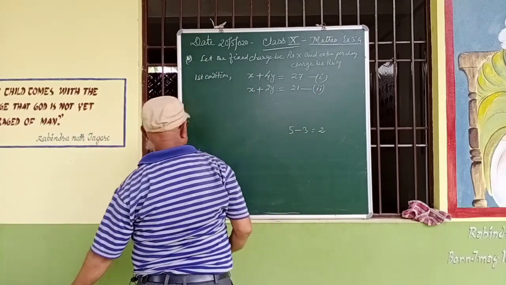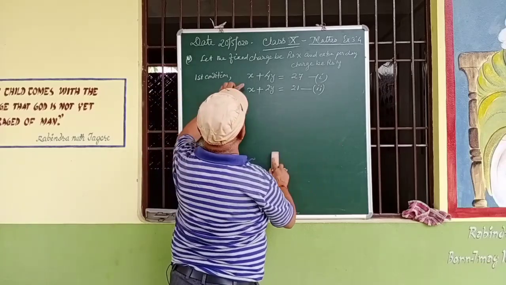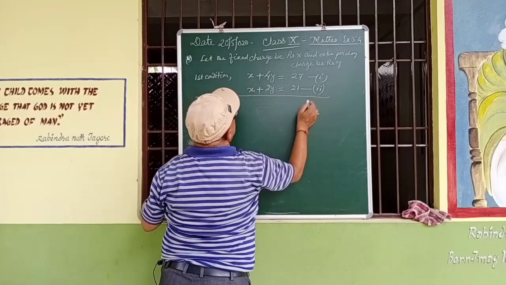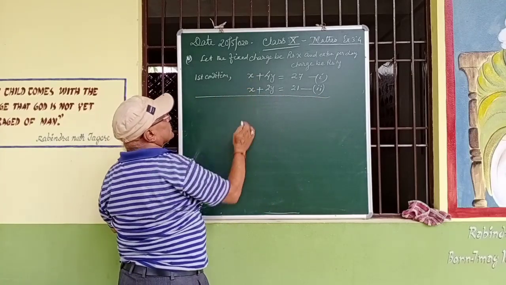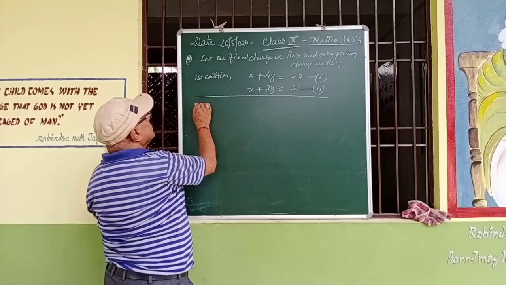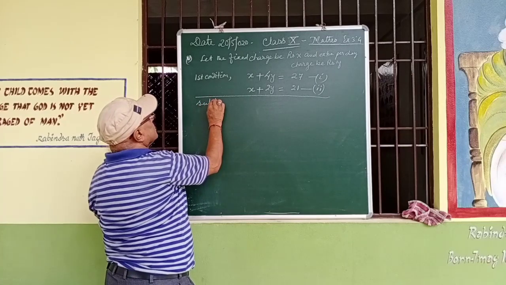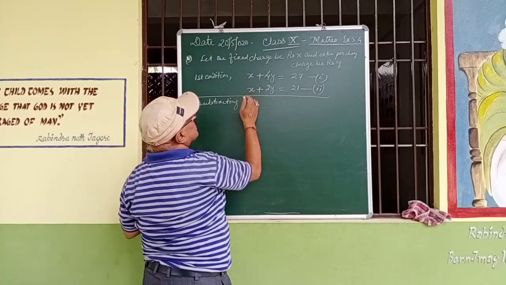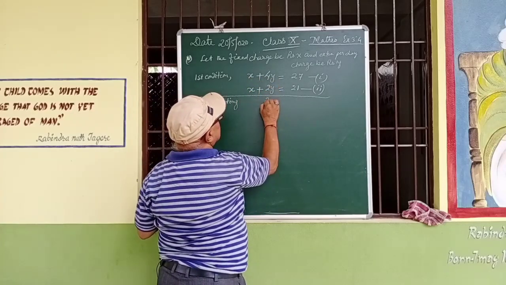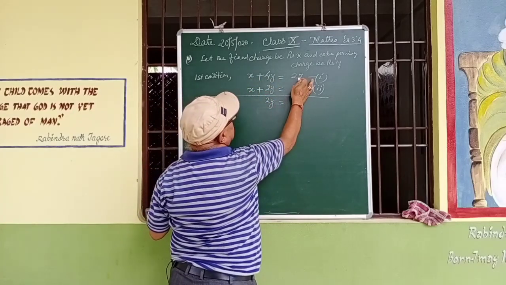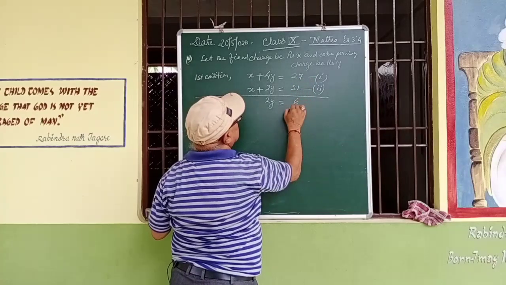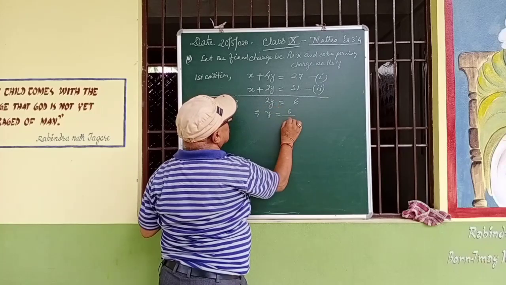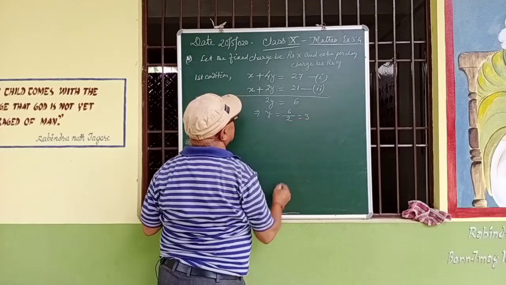Here both x have the same coefficient 1, so we just subtract because both have the same sign. Subtracting, x minus x is 0, 4y minus 2y is 2y, 27 minus 21 is 6, or y is equal to 6 by 2 is equal to 3.